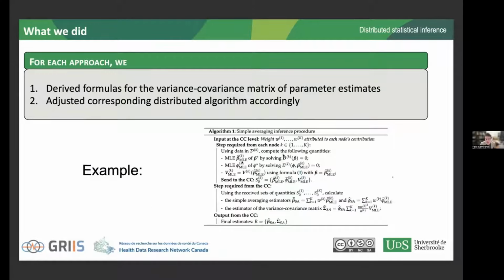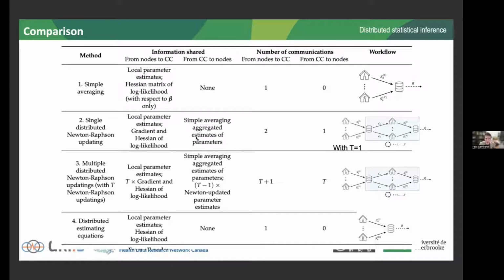You can see those in the paper, but I'm not going to go through the details today. And we produced a table like this to compare each of the methods that we identified with the corresponding workflow and the quantities that were shared.